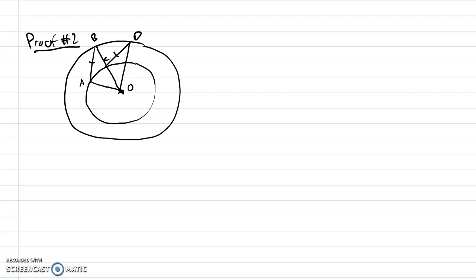Alright, so what we have to prove now is that angle AOB, that's this angle right here, is congruent to angle COD, which would be this angle here. Now, in order to show that, what we really need to do first is show these triangles are the same.